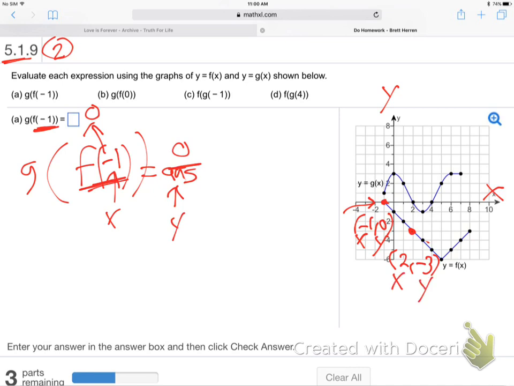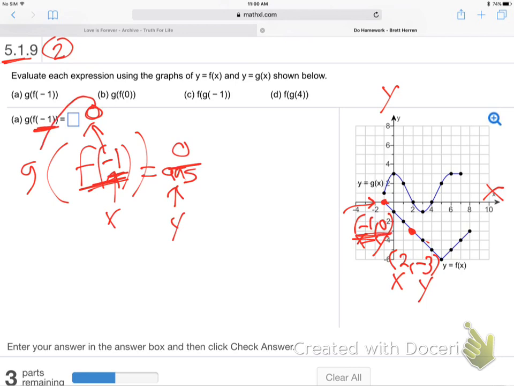Any dot on any graph, XY is input output. They just made it that way, the math and science world, by common agreement. They said, when we go to functions from graphs, we'll make the X be the input and the Y be the output. They could have changed it. That's just what they decided. So, does that make sense? Input, output, XY. I put in -1, out pops 0, because that's the point on the F graph.